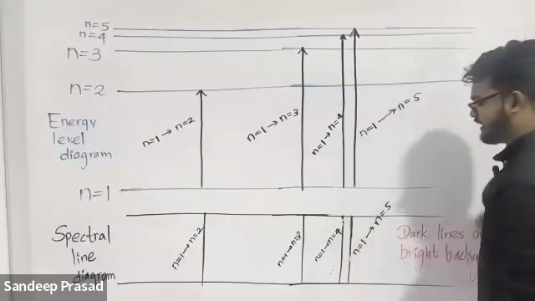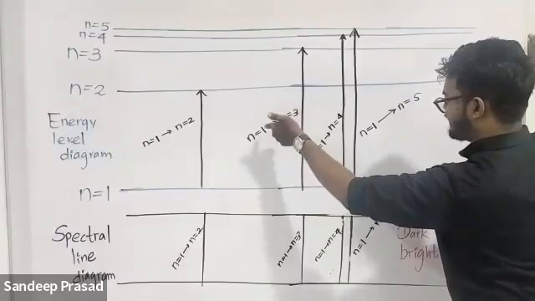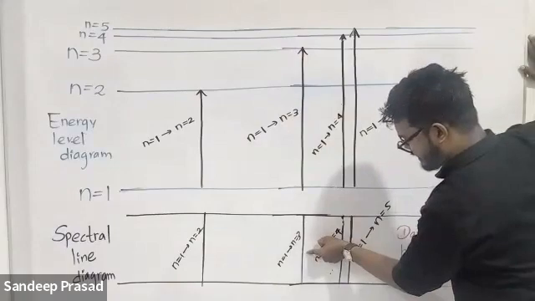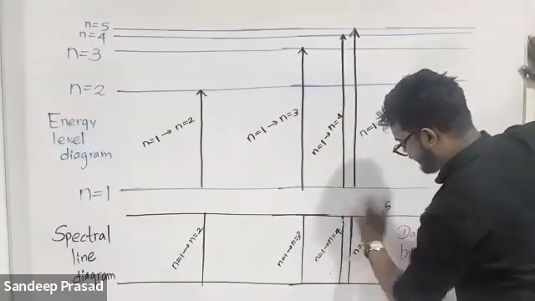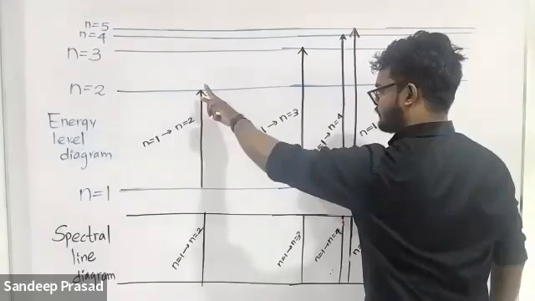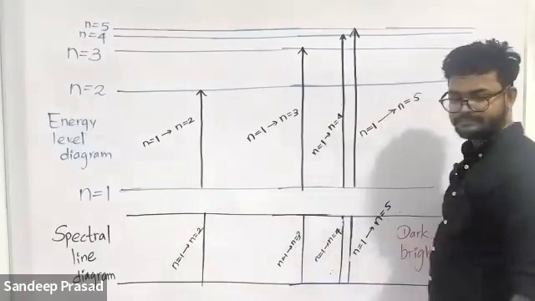For the next possible electron transition, n equals 1 to n equals 3, we can see the corresponding spectral line in the diagram. And the last one, n equals 1 to n equals 2, can be seen in this way.